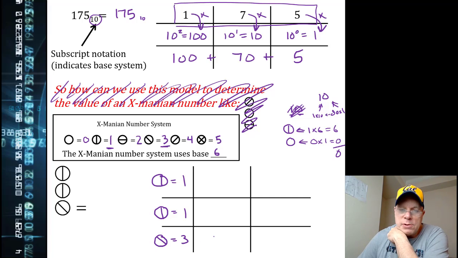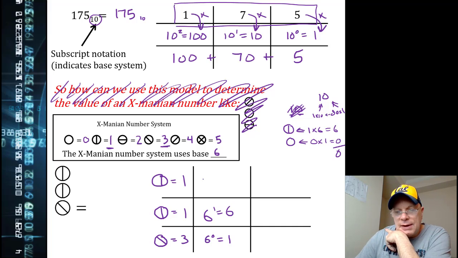But they're not counting 3 ones, 1 ten, and 1 hundred. They're counting 3 ones because 6 to the 0 is 1, and 1 six, and 1 thirty-six, because this is base 6. So the place values are based on 6: 6 to the first power, 6 to the second power.